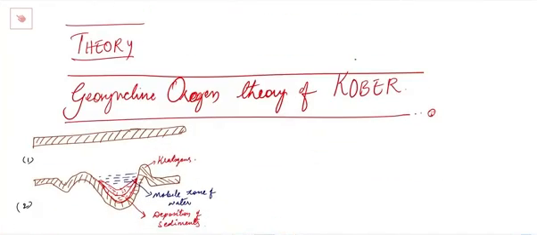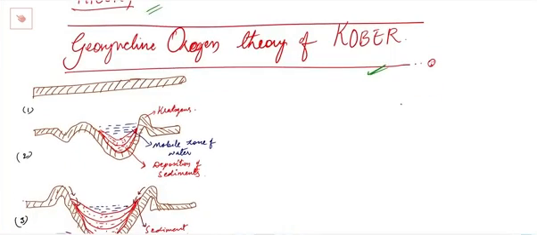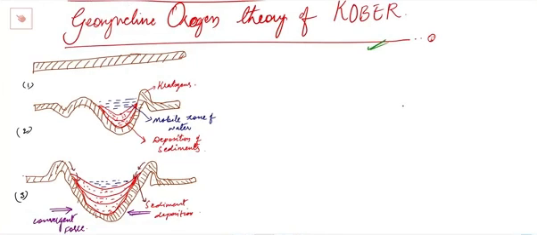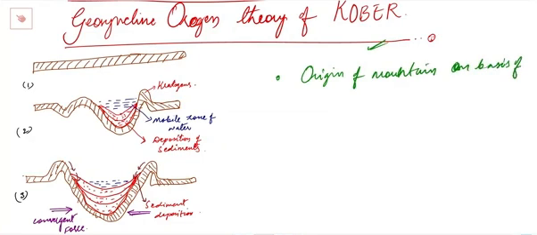So next we'll see the basic theory involved in geosyncline. The first theory about a geosyncline was given by Mr. Kober. Kober said the origin of mountains is on the basis of geosyncline theory.